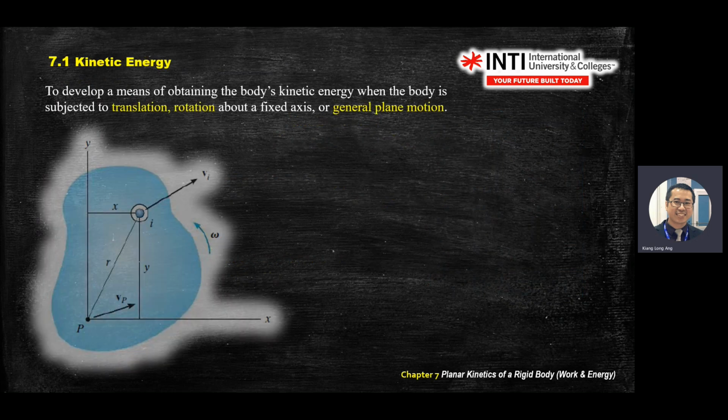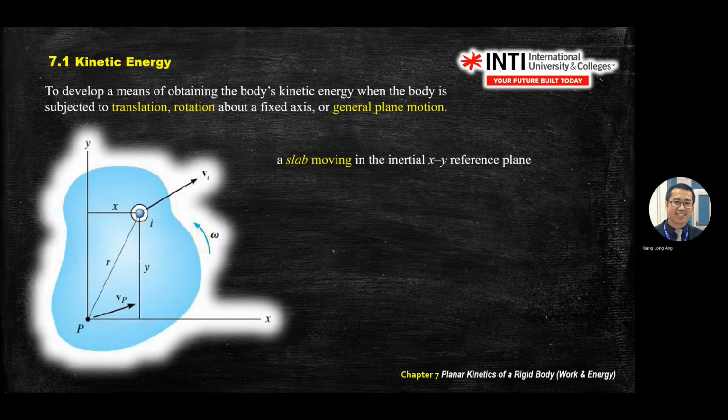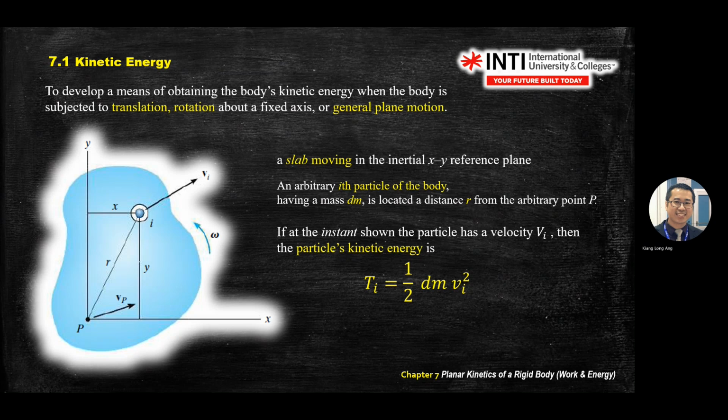But anyway, I'll still go very slow. So kinetic energy: let's say you have this random body here. We have x and y, point P, and there's a rotation omega. What is the kinetic energy?